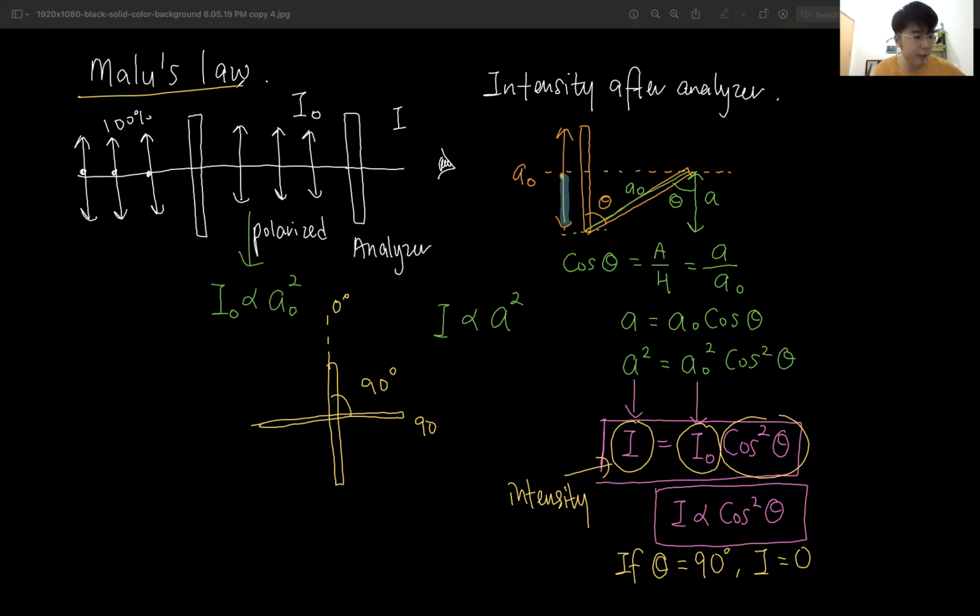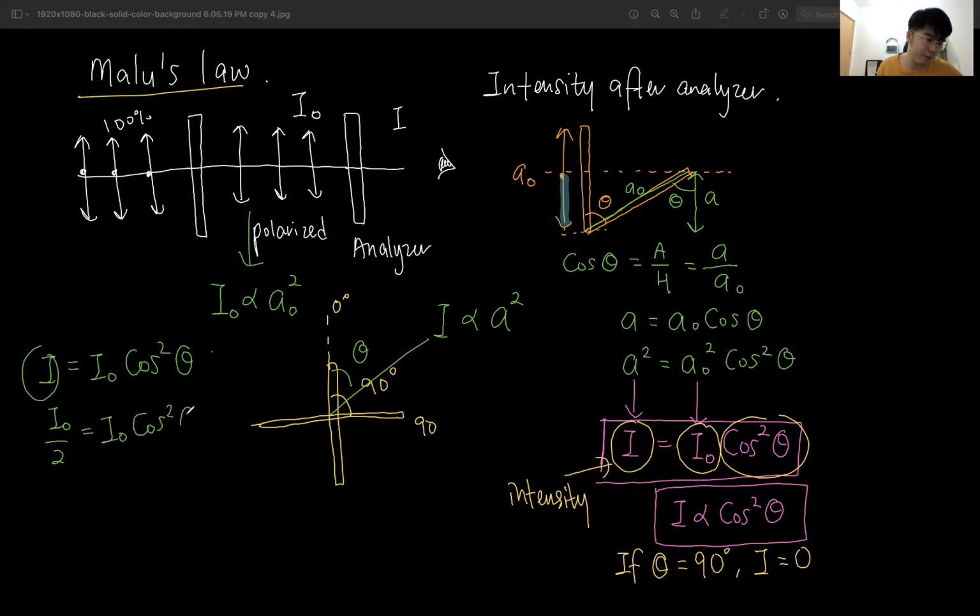Sometimes the question they will ask is something like this: what angle will give 50% intensity? What angle do I rotate that will give me 50% reduced intensity? Then you put in the formula. We have I equals I naught cos square theta, and we put I as I naught divided by 2. We want half of I naught equals I naught cos square theta.